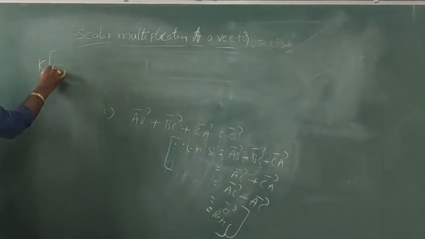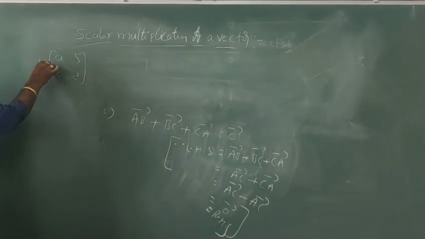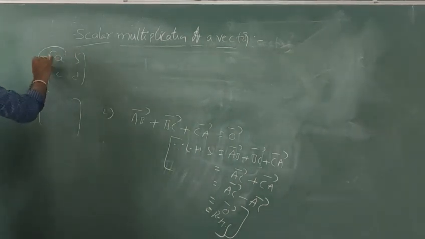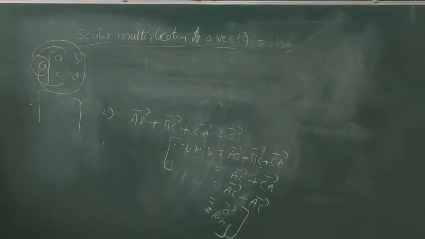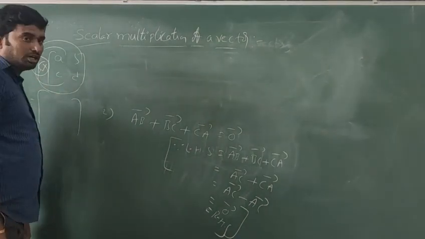This is the scalar and this is the matrix ABCD. Scalar multiplication of a matrix is again a matrix, which is obtained by multiplying each entry of the matrix by the given scalar. This is scalar multiplication of a matrix, completed in the month of March, right?